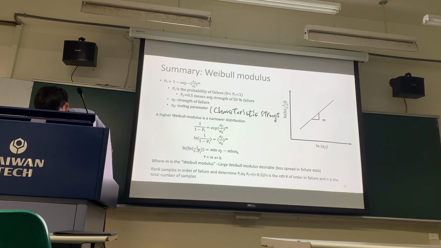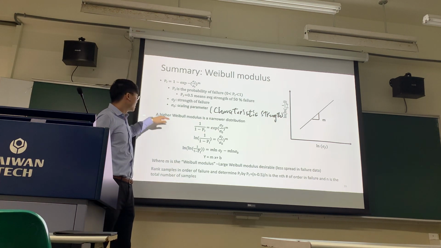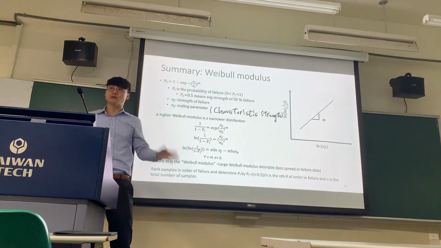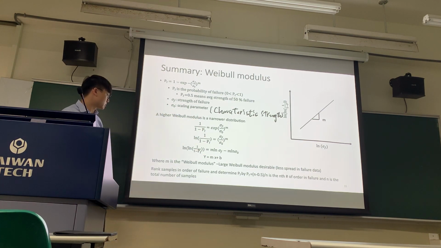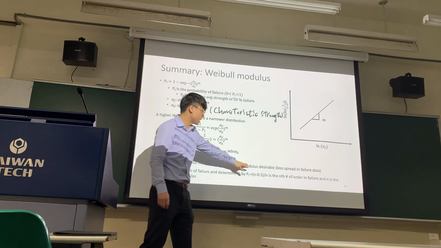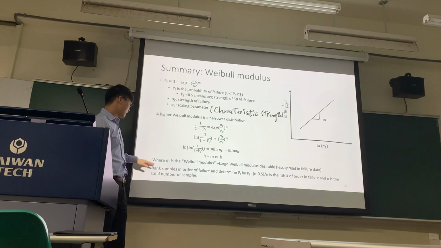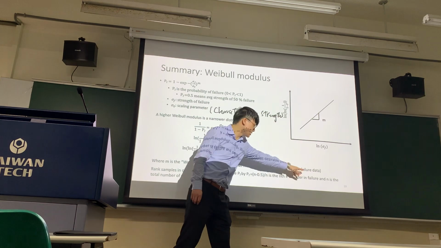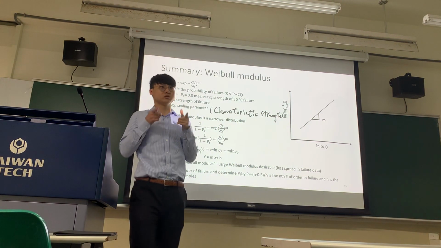A high n means a narrow distribution, so the higher the n, the less scattered your data is. This is the deviation. A large Weibull modulus is desirable, meaning less variability in the data. The ranked samples in order of failure determine PF, and n is the Weibull modulus. Any questions so far?